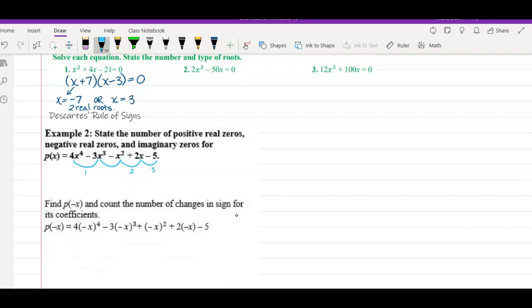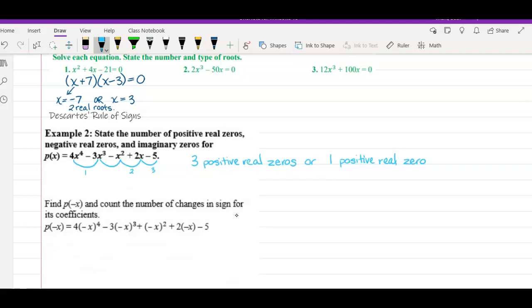That means that I don't know what the zeros are here, but I could have 3 positive real zeros because there are 3 sign changes, and then you keep subtracting 2 until you can't anymore, or 1 positive real zero.